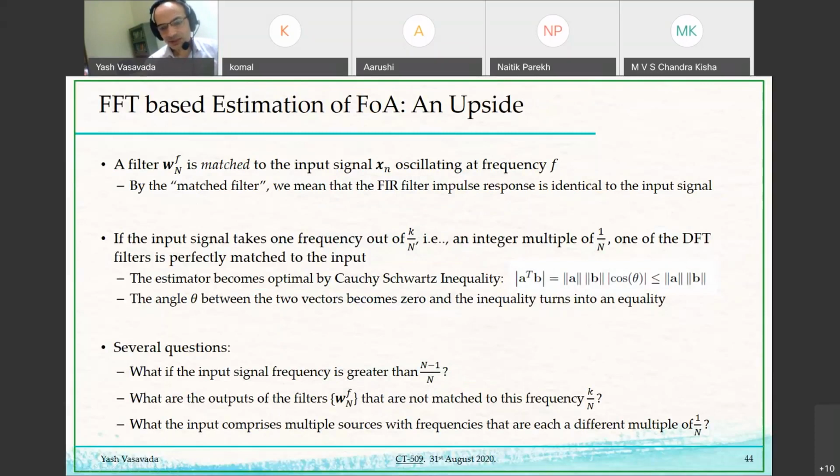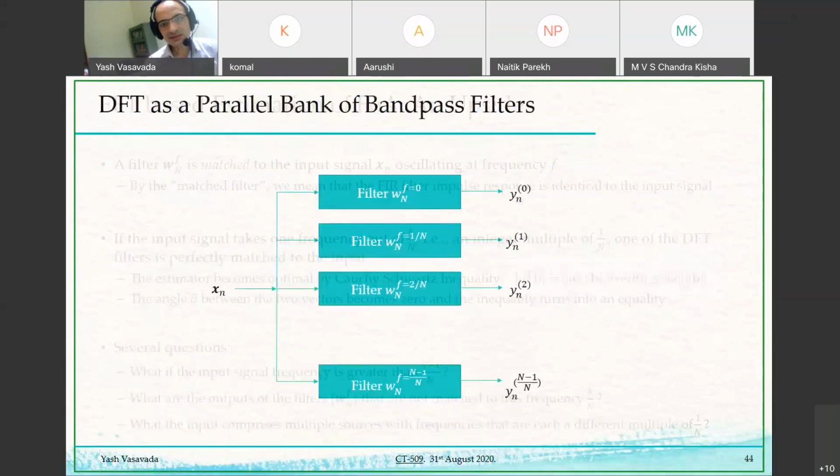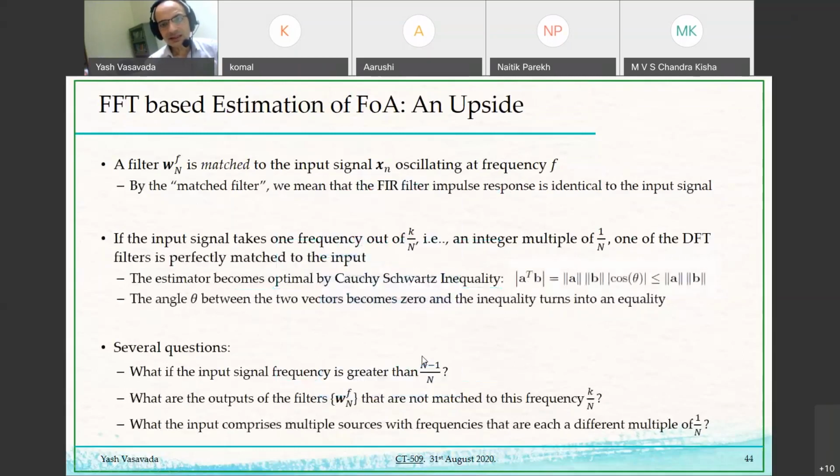What if the frequency of the input signal is not matching with one of these DFT frequencies, which are k divided by N? Remember, this k divided by N, when k is an integer, gives us a periodic signal. This is something that we had looked at at the start of the topic.